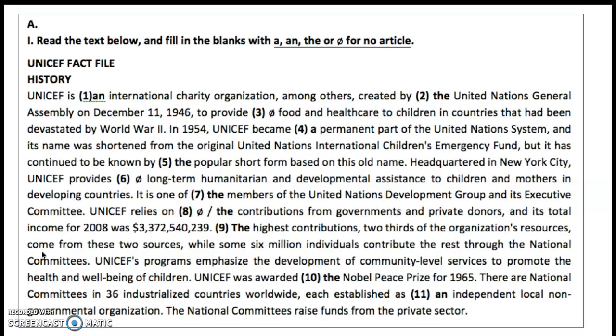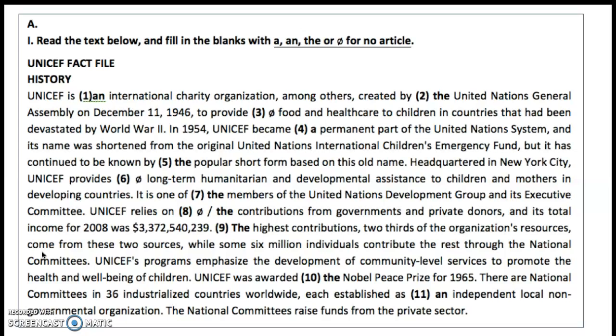Number 6, the noun is assistance and it is uncountable, so we don't need an article. In number 7, you should know that if you are counting among a group, you use the before the noun.